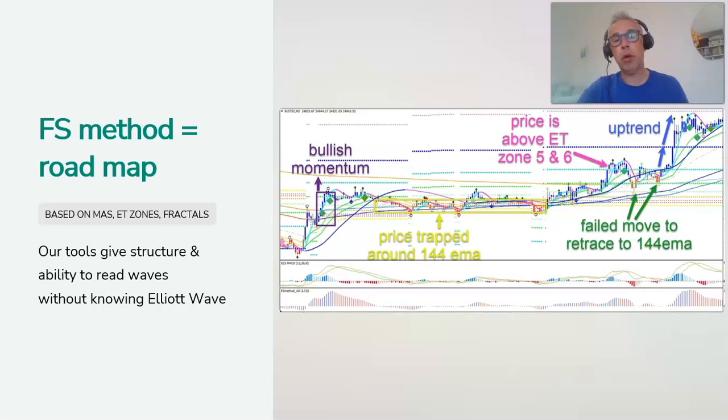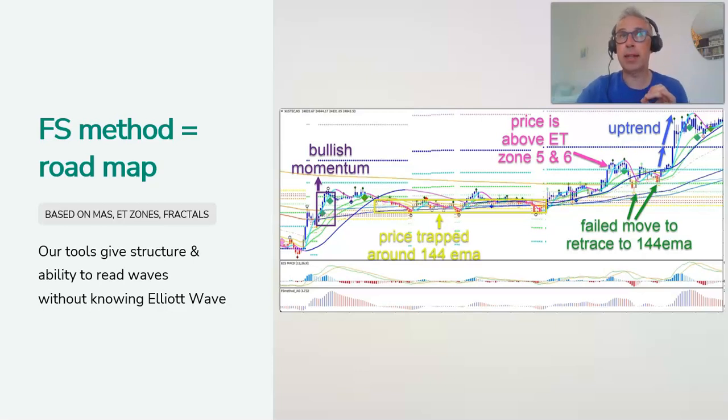So what I like about using moving averages, the ones I use, which is 21 EMA and the 144 EMA, is that it gives me a roadmap, and it gives me the ability to understand the waves without necessarily knowing the wave count exactly.